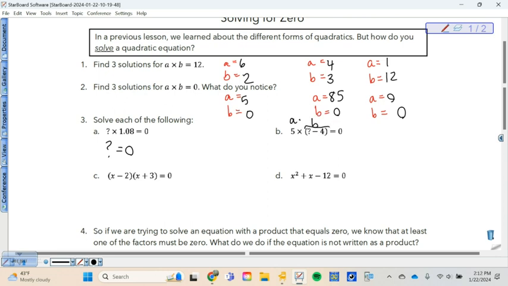Like this whole thing in parentheses is like my B. That means that question mark minus 4 must be 0, right? Because 5 times this has to be 0. So what does the question mark have to be? Yeah, 4, right? If I just add 4 to both sides, question mark has to equal 4.